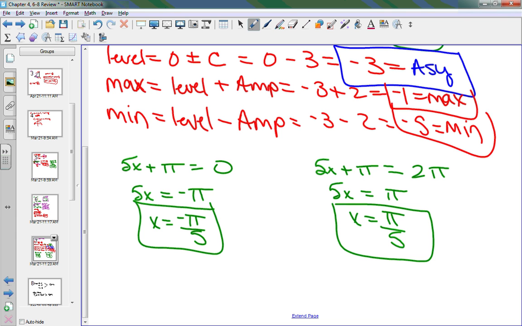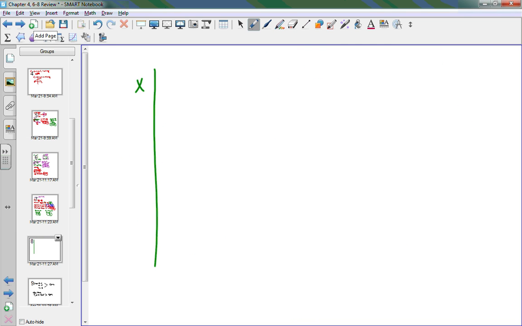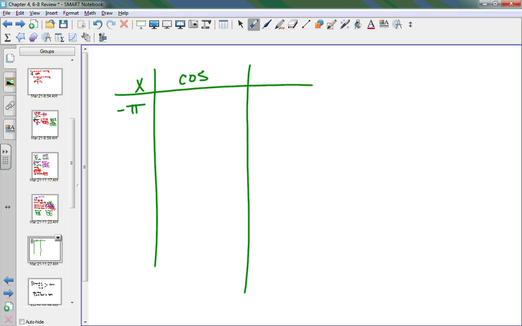So now what I have, this is the cosine graph that I'm graphing. I'm starting at -pi over 5. I'm going to add another pi over 10 to that to give me -pi over 10, then 0, then pi over 10, and then I'm going to end at pi over 5. All I did was add the interval every time, which is pi over 10.